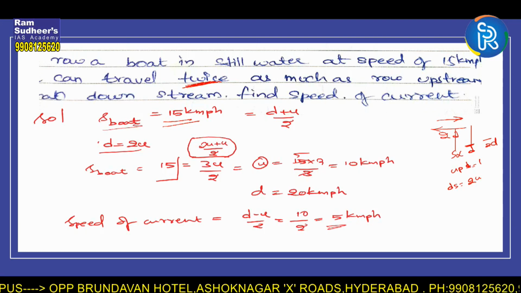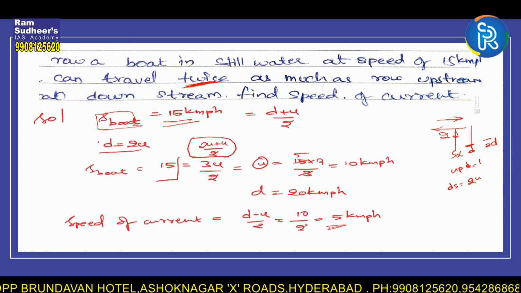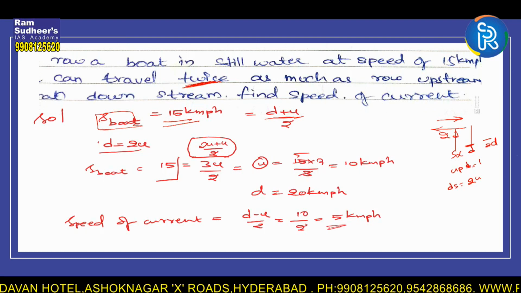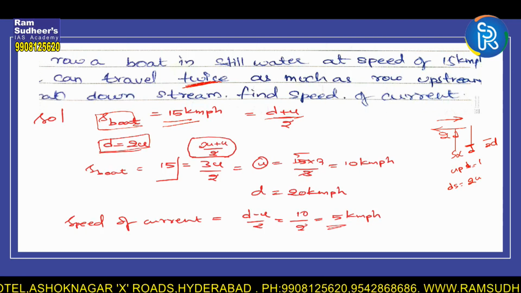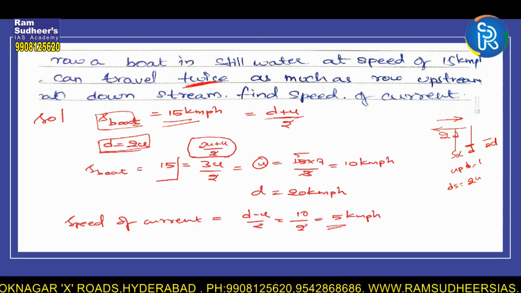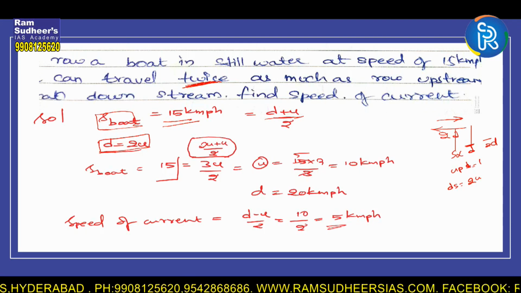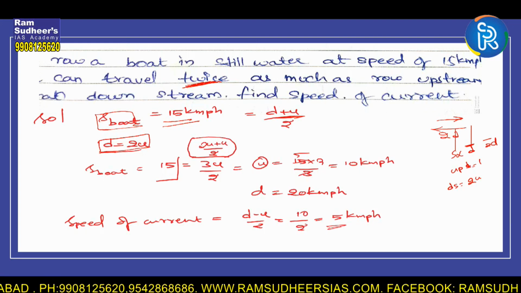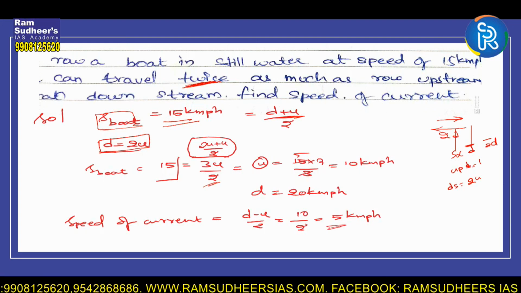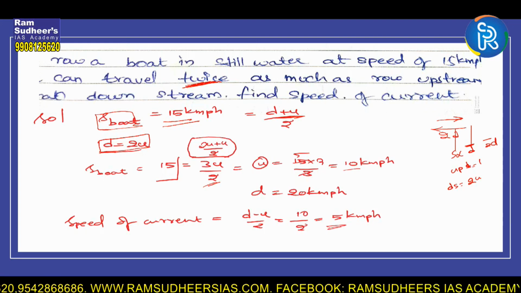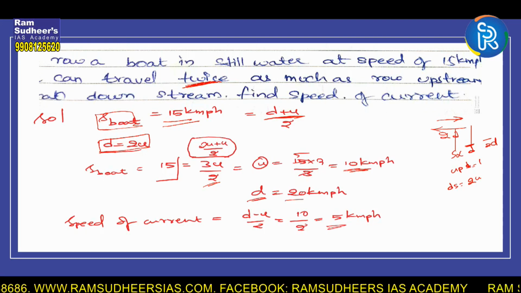And speed of the boat from our starting slides would be d plus u by 2. And d from the question is d equals 2u, because he rows twice as much downstream as upstream. Substituting 2u in this formula, we get 3u by 2 equals 15, and our u turns out to be 10 km per hour, and d turns out to be 20 km per hour.